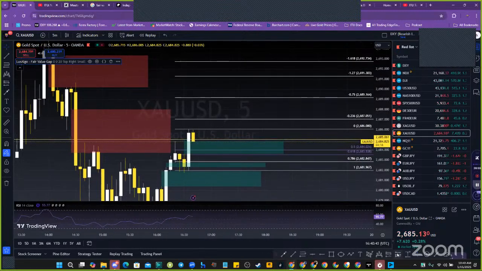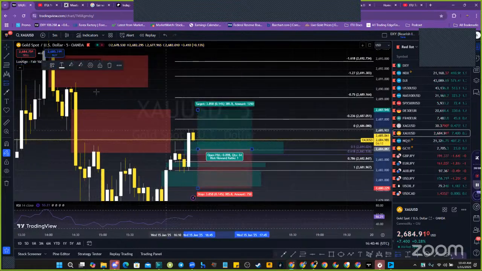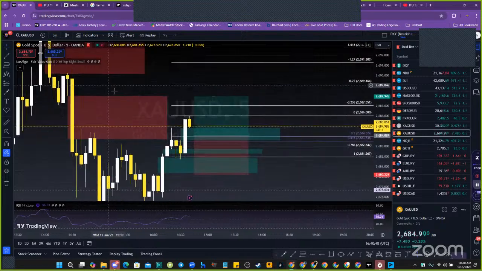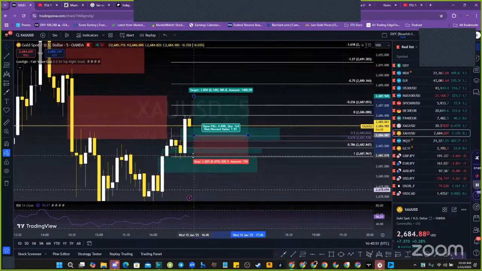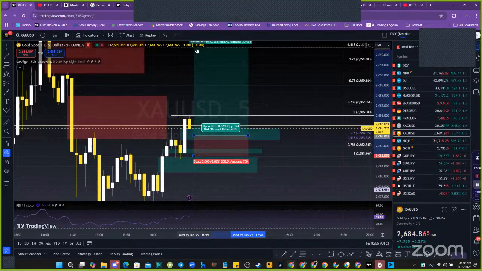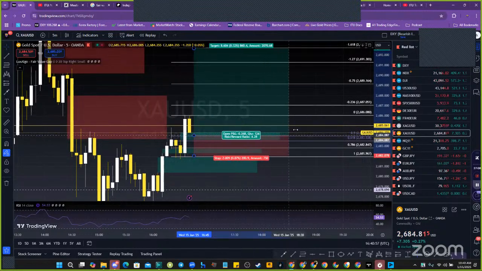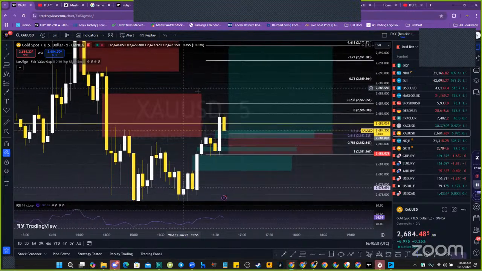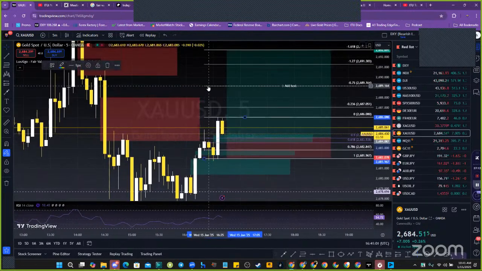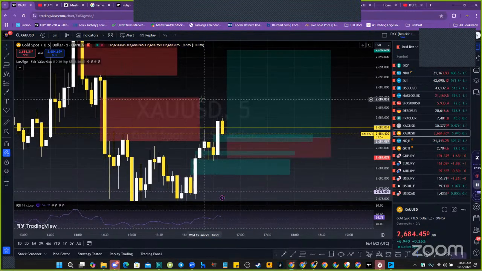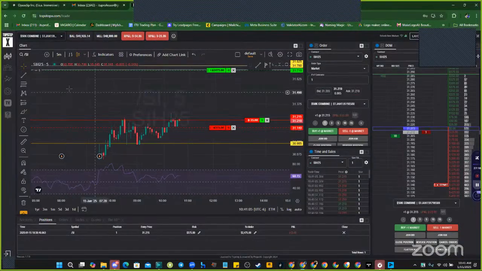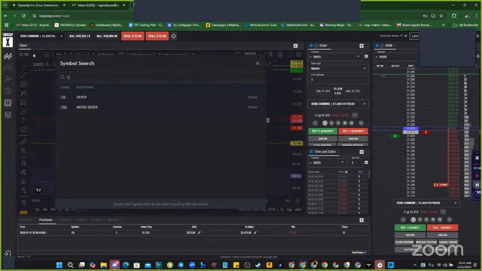You're looking for it to fill 50% of that overall bearish move, or of just this first bullish fair value gap? Yeah, just this one right here. Okay. All right, so let's go over here.